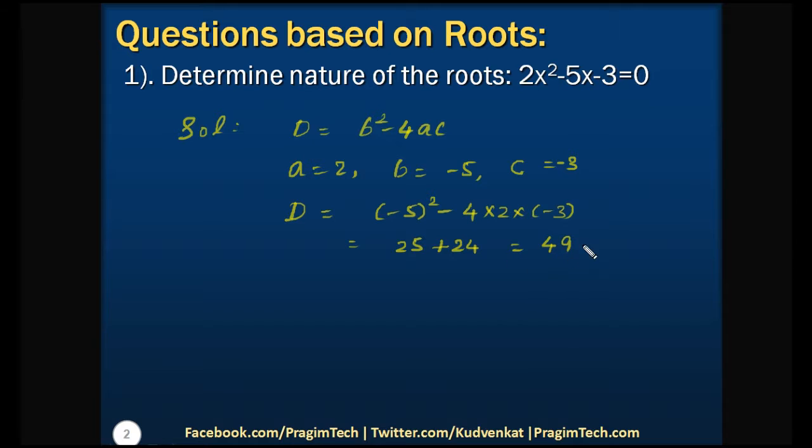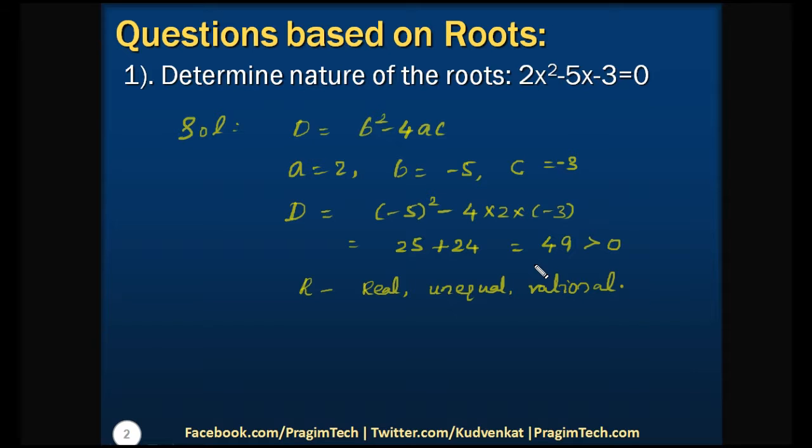And if you observe, this is a perfect square and it is greater than 0. So when the discriminant is greater than 0 and inside the square root it is a perfect square, then we can say that the roots are real, unequal and rational, right? Which we have discussed in our previous session.